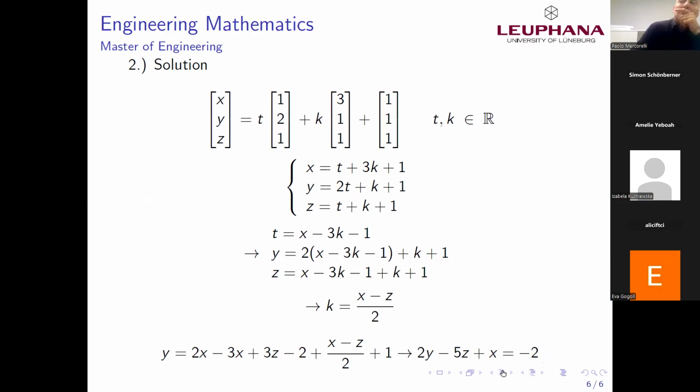I mean, the plane 2y minus 5z plus x equals 0 is parallel to this plane here. Do you remember last time I told you this? How can we demonstrate this?